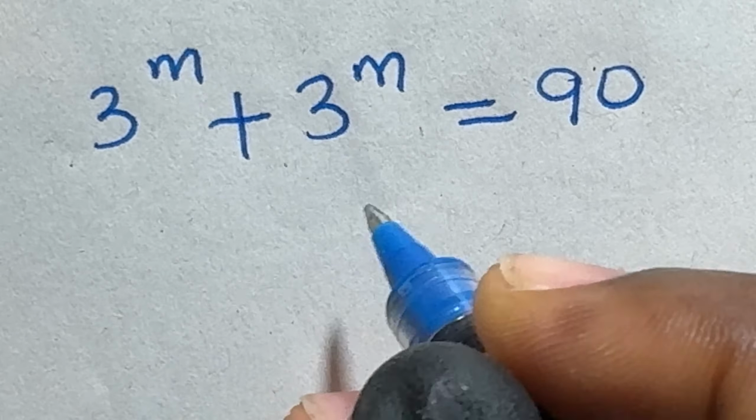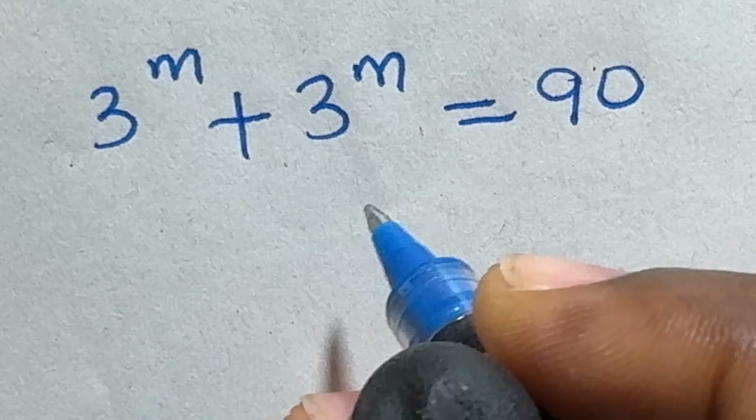If I go ahead and divide both sides by 3 squared, this will give me 5 on the right hand side. So I have 3 raised to power m divided by 3 squared is equal to 5 on the right hand side.